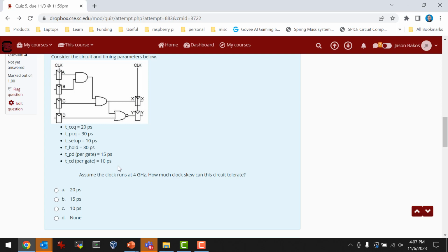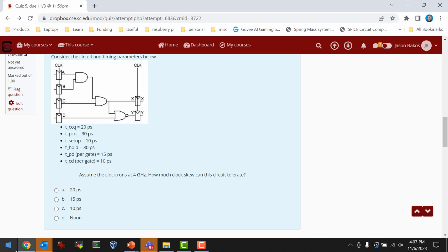The T PCQ is 30. Setup time is 10, and the skew is added to that. And the clock is 4 gigahertz, so 250.